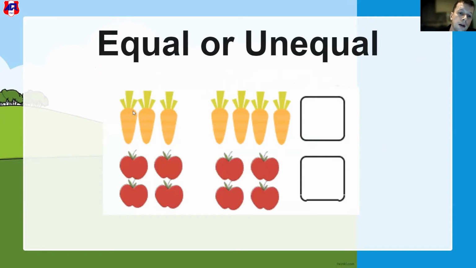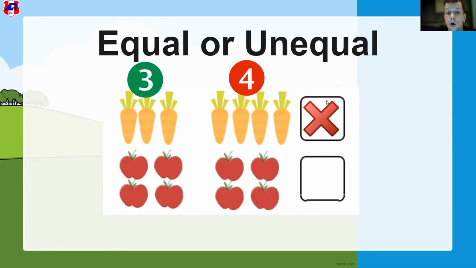Here we have 3 carrots, right? And on this side we have 4 carrots. Do you think 3 and 4 are the same? No, right? So 3 and 4 are unequal.